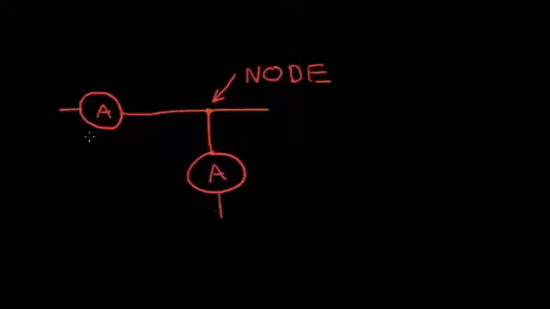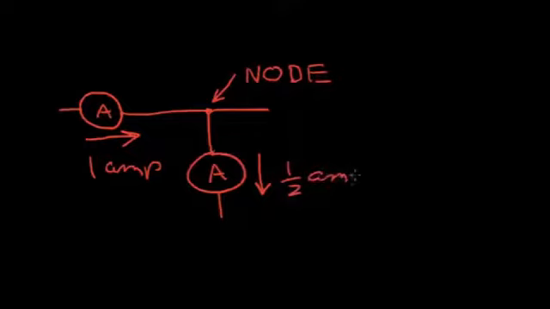Let's say that the ammeter on the left measures a current flow towards the right of 1 amp. Let's say the ammeter at the right measures a current downward of 1/2 amp. The problem is, what is the current in the other branch? What is the current flowing to the right out of this branch?